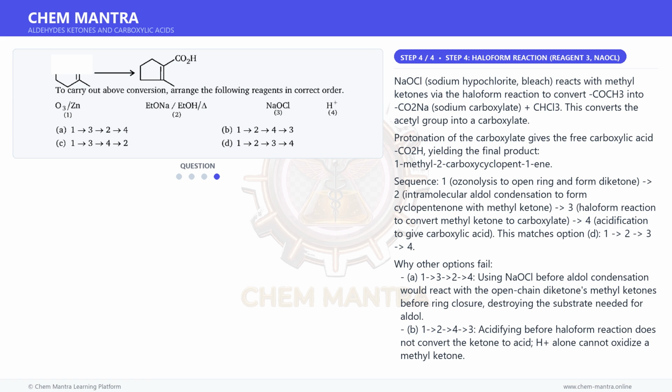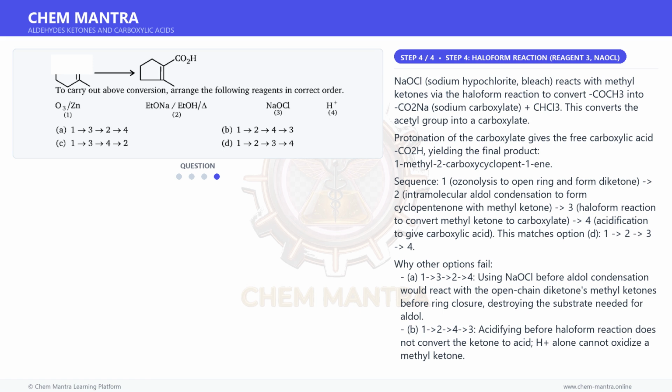Why do the other options fail? A. 1, 3, 2, 4. Using NaOCl before aldol condensation would react with the methyl ketones of the open-chain diketone before ring closure, destroying the substrate needed for aldol. B. 1, 2, 4, 3. Acidifying before the haloform reaction does not convert the ketone to an acid.